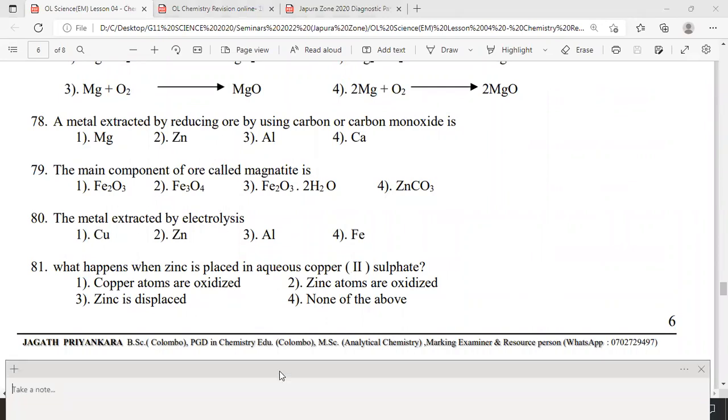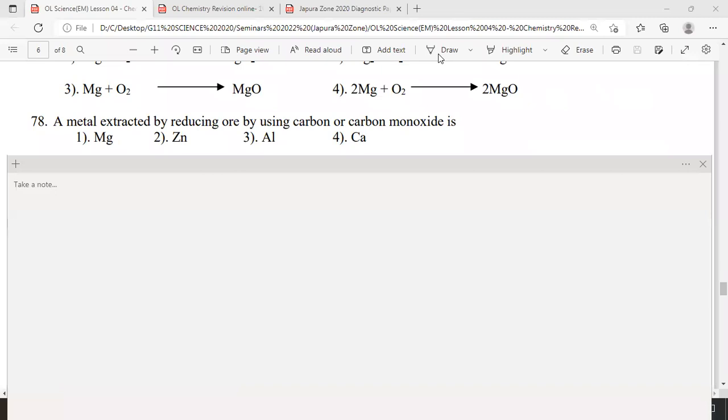Any volunteers? You can raise your hand or post the answer on chat. Those who have done it, right, 78, Raveen, Imasha, very good. Correct. Question number 78, the answer is second. Very good, Senethi, correct. So it's the second answer.